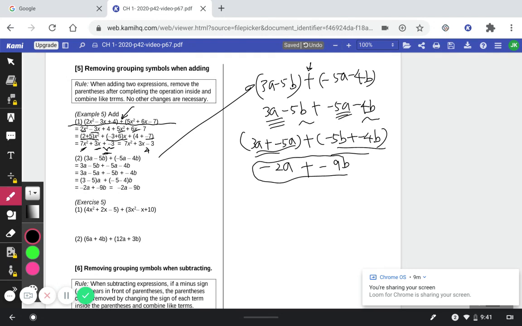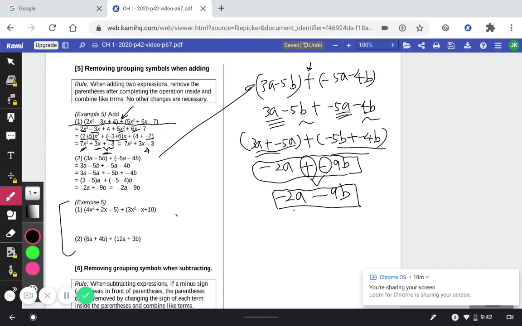So your final answer becomes negative 2a plus negative 9b. But when you have an operator with a sign next to each other, you can combine them. So minus 2a minus 9b, because plus negative becomes minus, same as minus.